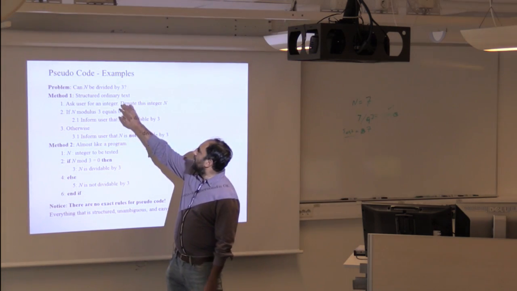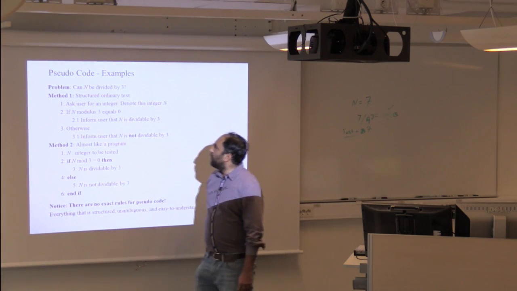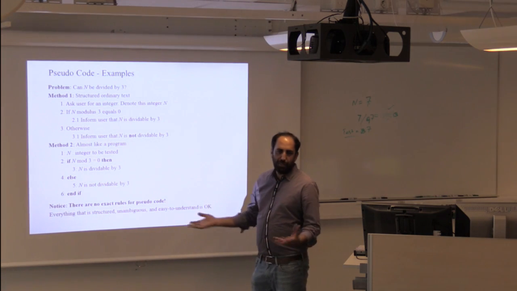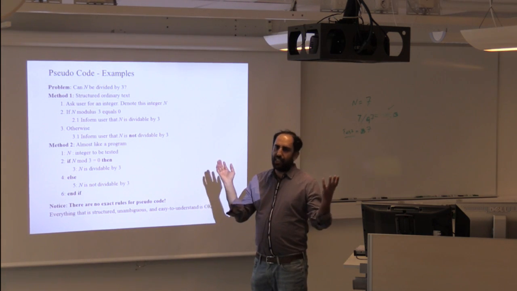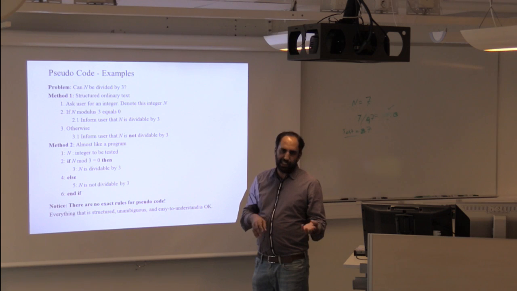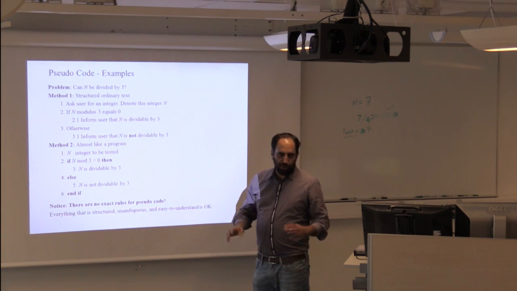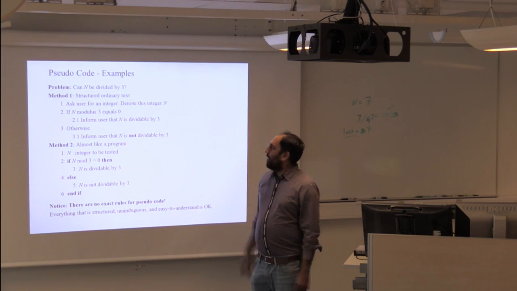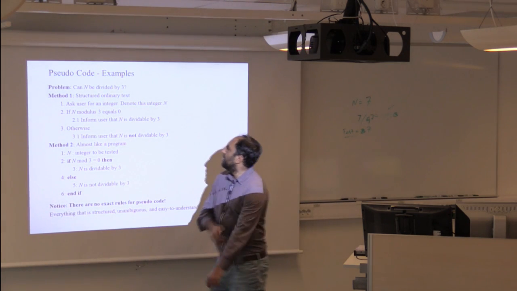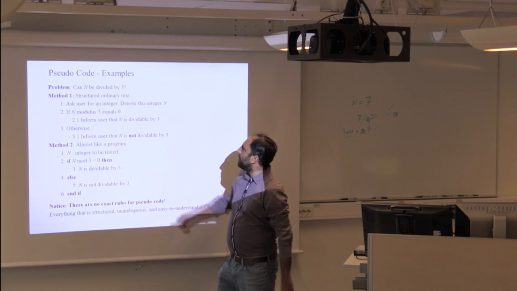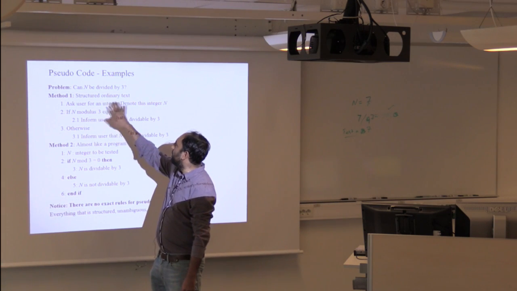For example, we have a problem where we want to find whether n can be divided by 3. So you get a number and you want to find whether it is divisible by 3 or not, and you are supposed to write an algorithm for this problem. You can write the algorithm using method 1, structured ordinary text.